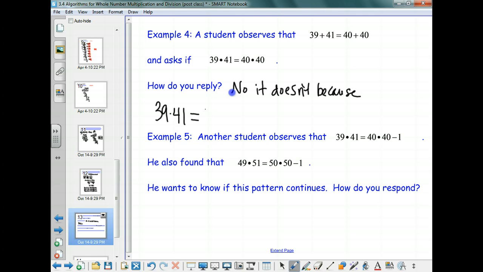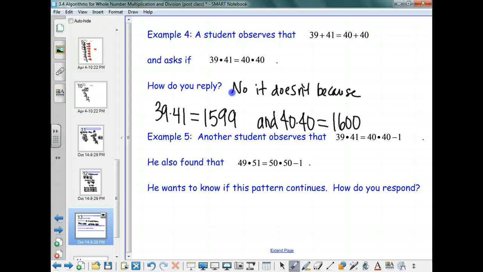Somebody said 1599, I did hear that. This one's 1599. And 40 times 40 is what? 1600. So it's actually awfully close though, isn't it? They're very close values. So if you really needed to multiply 39 and 41 and accuracy weren't all that important, this wouldn't be a bad approximation. Agreed? All right, so that's good.